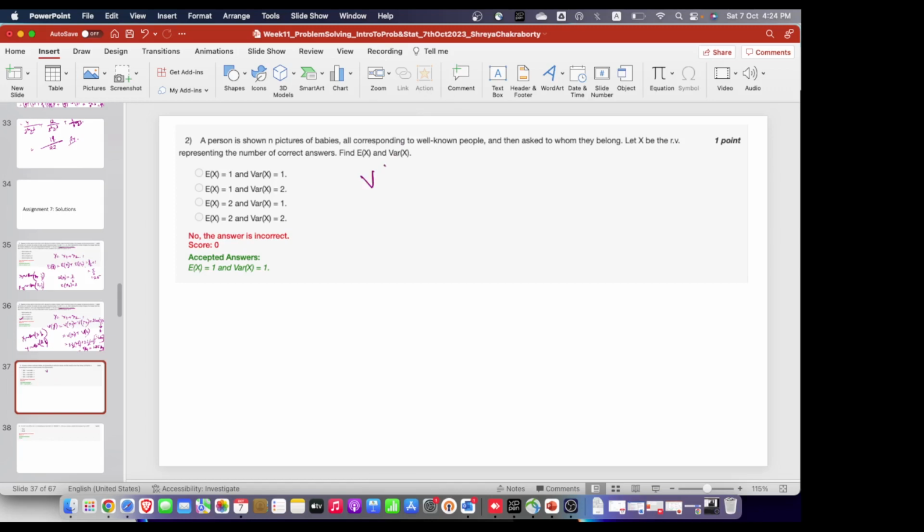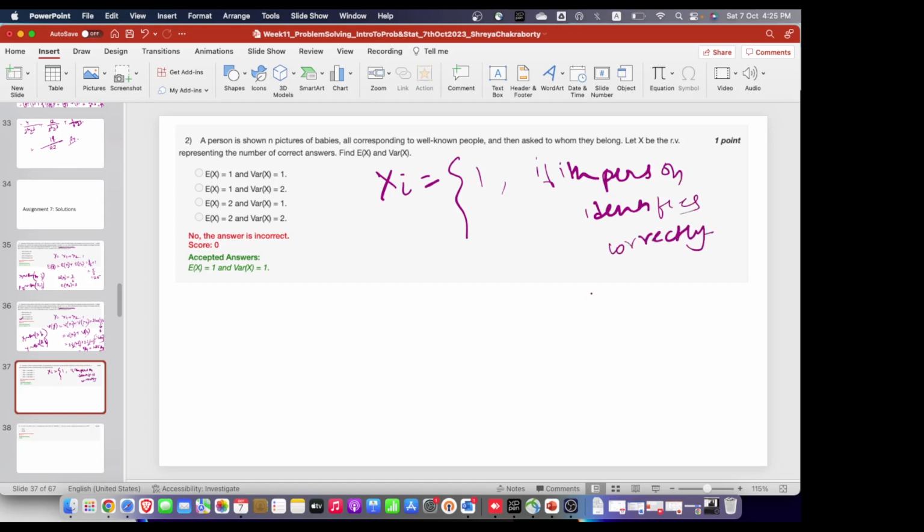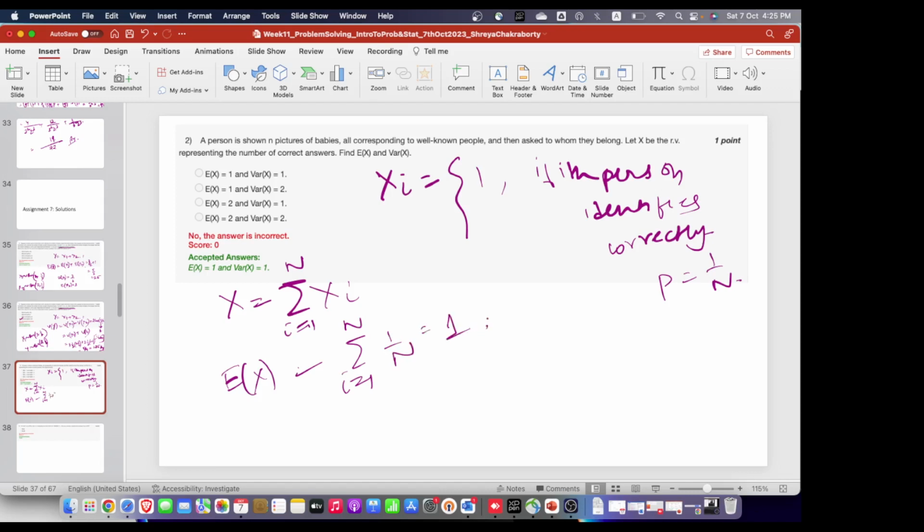Alright, so the formulation is that Xi equals 1 if the ith person identifies correctly, and probability is 1 by capital N. So X is the number of correct answers, that is summation i equals 1 to n of Xi. So expectation of X will be summation i equals 1 to n, 1 by n, that is 1.